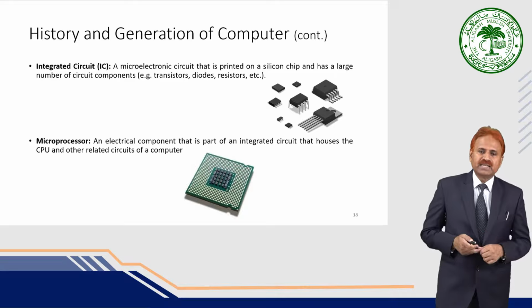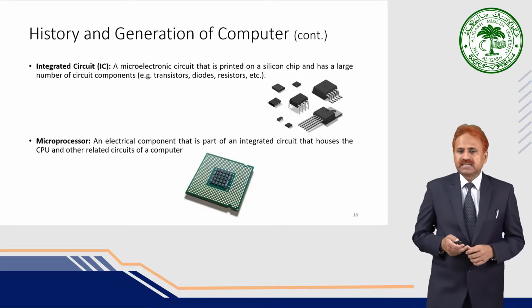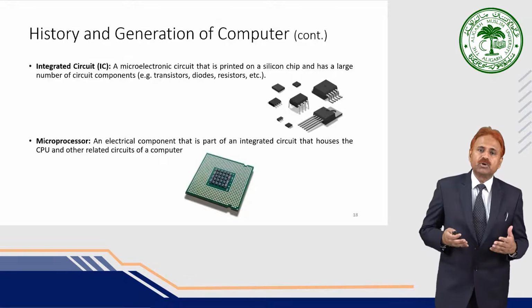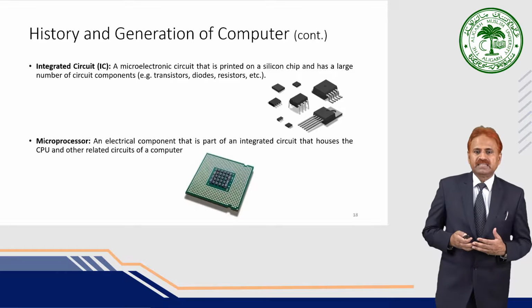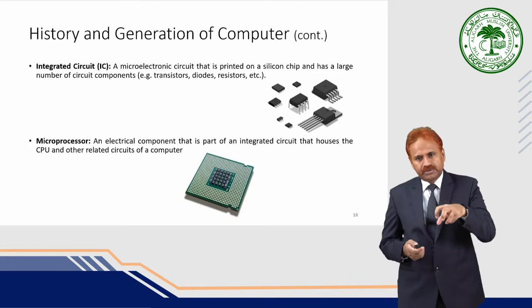The next device is known as the IC, integrated circuit. It is a microelectronic circuit printed on a silicon chip and has a large number of circuit components, that is transistors, diodes, resistors, etc. They are imprinted on a chip.